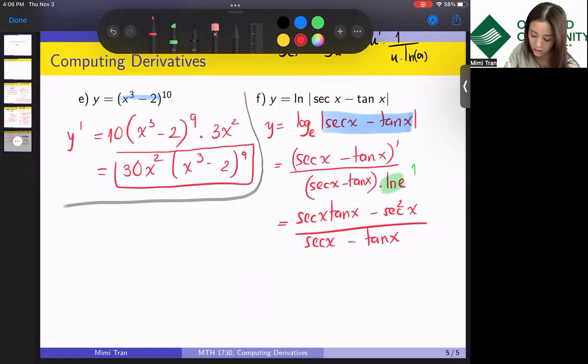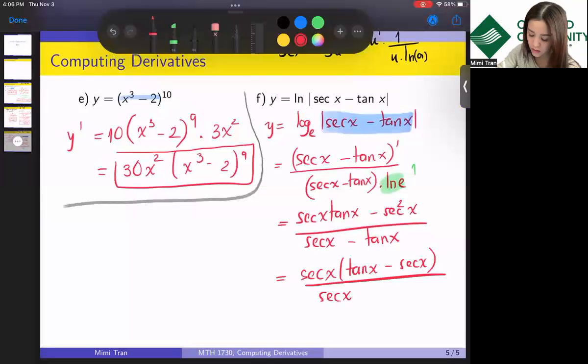I'm going to factor out secant x first. Eventually you factor out negative secant x, but let's just say you naturally factor out secant x first. What's left is tangent x minus secant x divided by secant x minus tangent x.